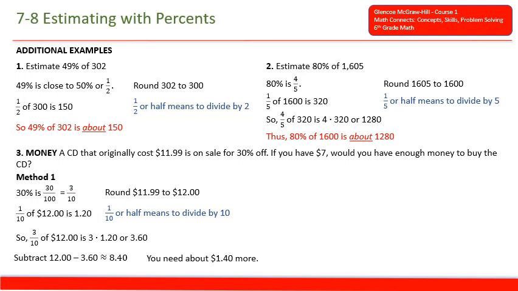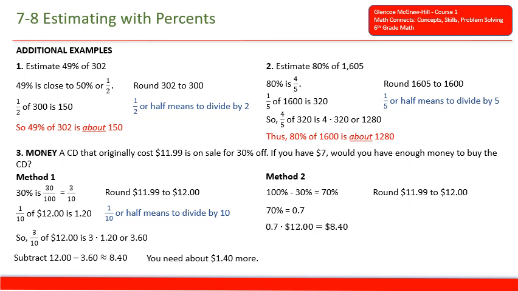And that is about $1.40 more than we have, because we have $7. Method 2: you could take 100% and subtract 30% to get 70%, round $11.99 to $12, and then convert 70% to a decimal, 0.7 or 7/10, and multiply 0.7 times $12 to get $8.40.